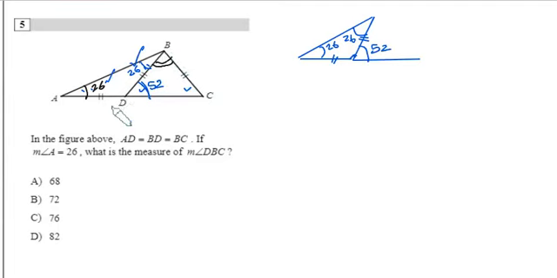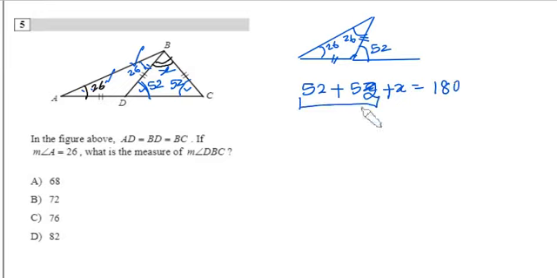Now this is also an isosceles triangle, so base angles must be equal. If this is 52, then this will also be 52. So in triangle DBC, we have to find this angle DBC. I assume it as X, and then I can write that the sum of the angles must be 180. So 52 plus 52 plus the third one X must equal 180, by the angle sum theorem.